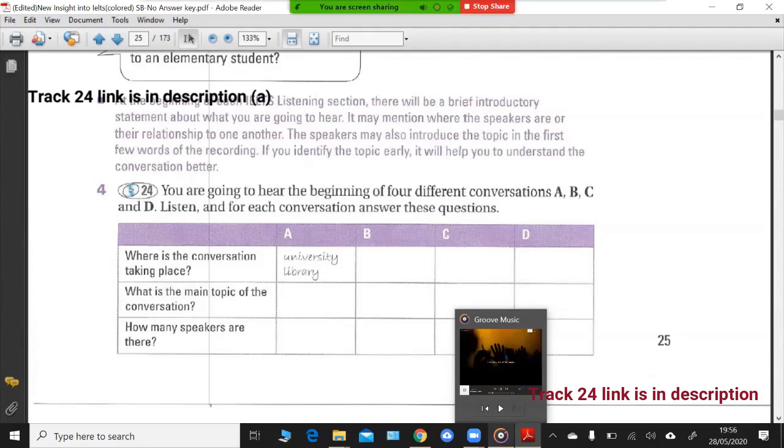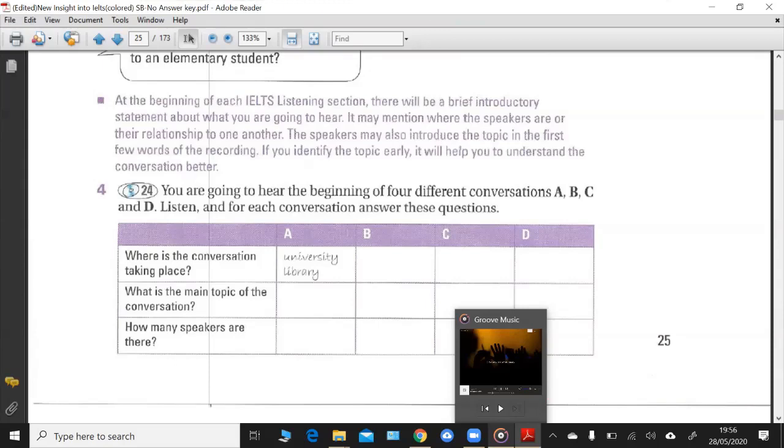Okay, so now I will play the listening again. I'm sure you would have completed all, but in the first part, it says where is the conversation taking place? So you will write the name of the place. For example, A, it's a university library. Also try to understand what the situation is, where are they talking?